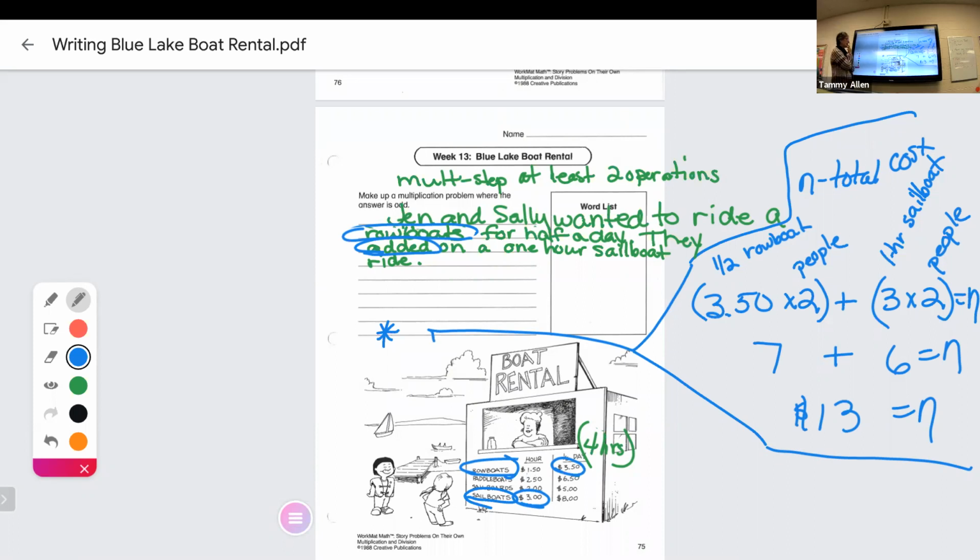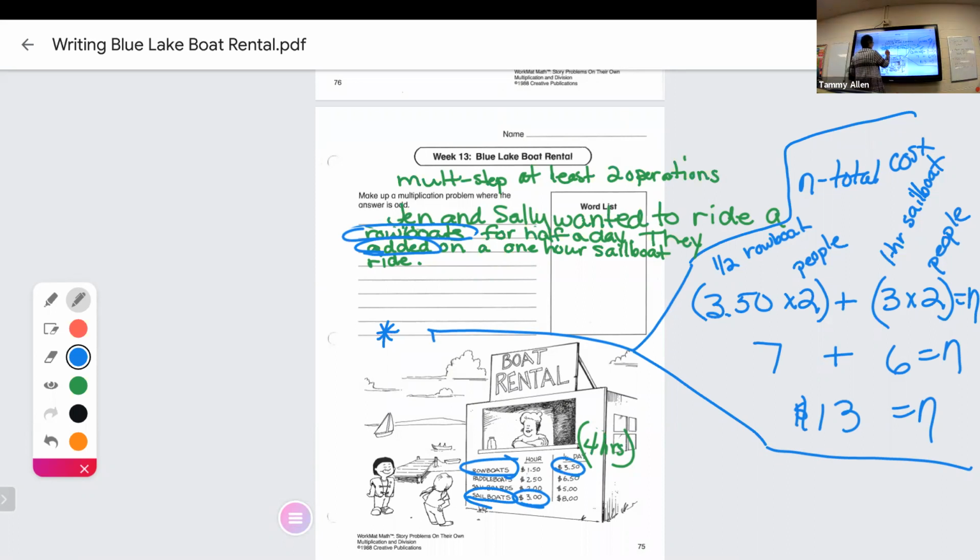But we haven't indicated that we need to multiply by 2 yet. Is it possible that we only had to rent one rowboat and one sailboat? So we have not indicated that we have to rent one for each person. So if each person had to rent sailboats, what would their total cost be? Does that make sense?